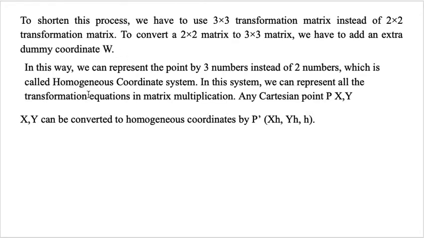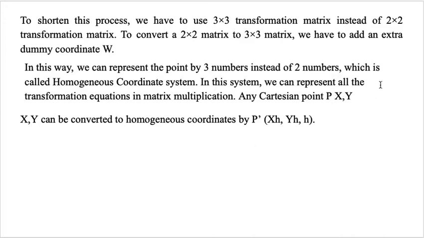In this way, we can represent a point by 3 numbers instead of 2 numbers, which is called the homogeneous coordinate system. In this system, we can represent all the transformation equations as matrix multiplication. Any Cartesian point P, that is x and y, can be written as P of x and y.